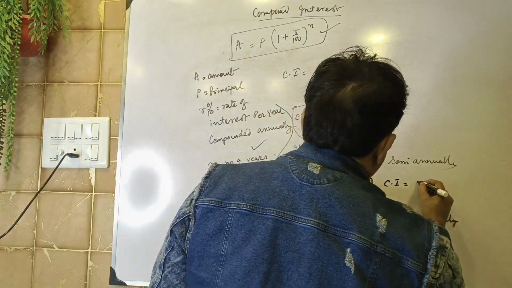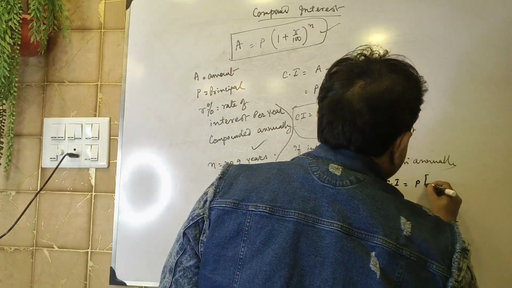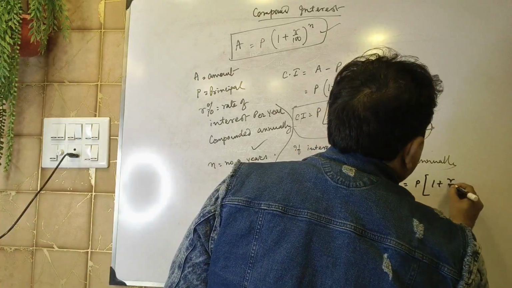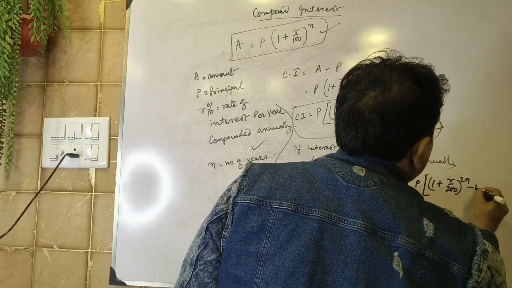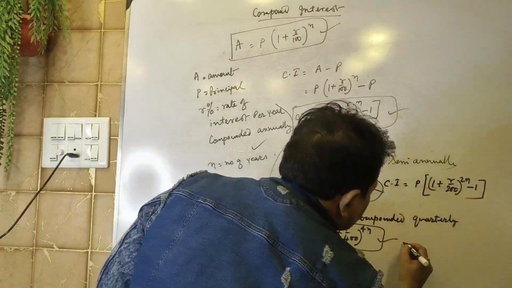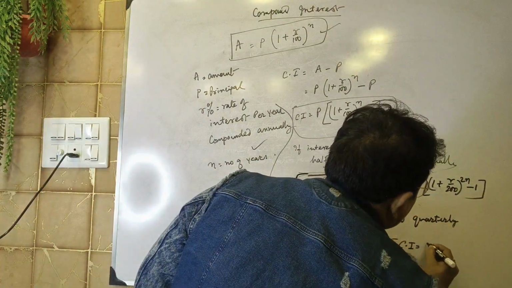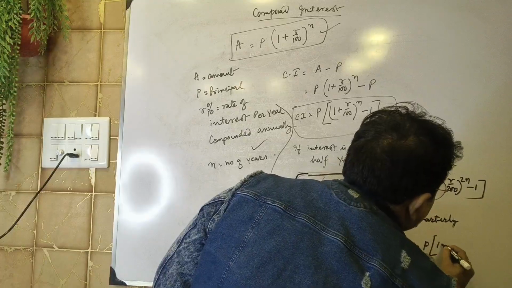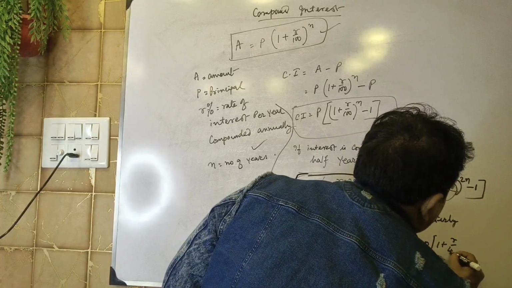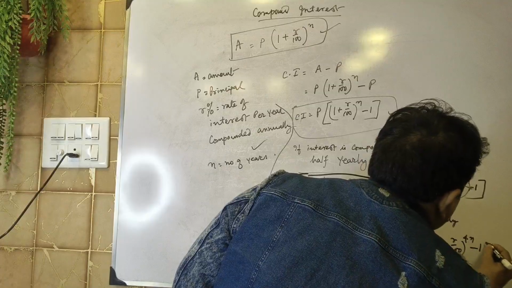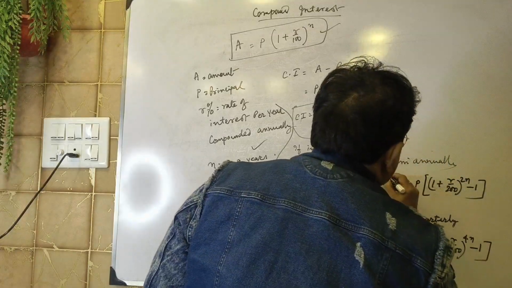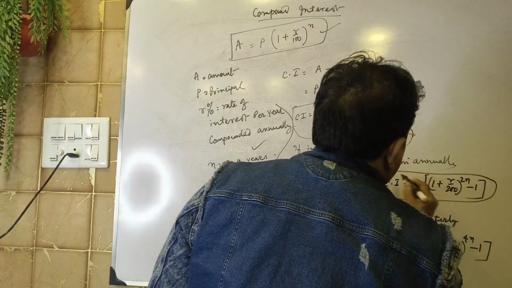In a similar way, compound interest will be P into 1 plus R by 200 whole to the power 2n minus 1 for half yearly, and in the quarterly case compound interest is equal to P into 1 plus R by 400 whole to the power 4n minus 1. This is the formula for compound interest.